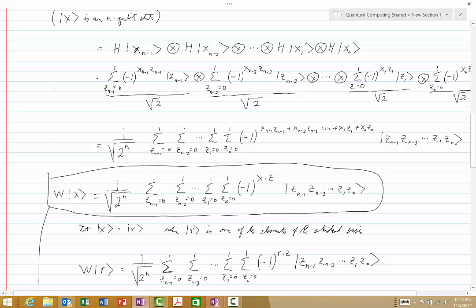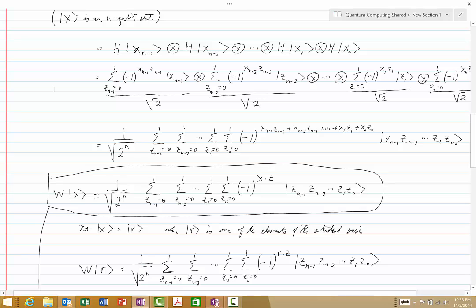Remember that x has n qubits and z has n qubits, so we understand what x dot z means, times zn minus 1, zn minus 2, z1, z0. That's what W operating on x gives.